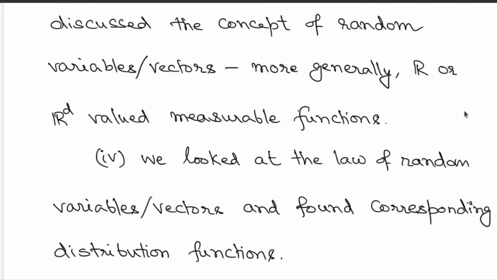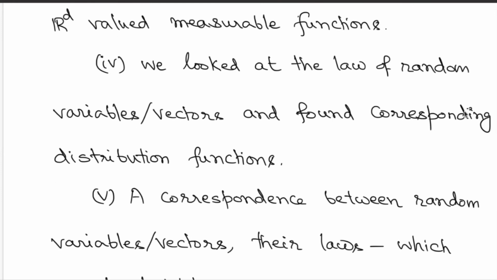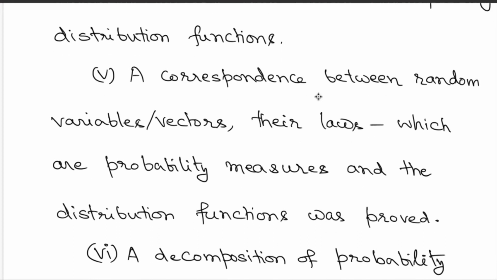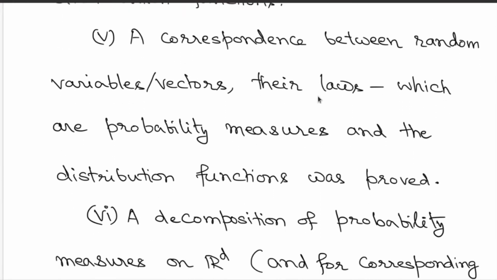Once we had understood these concepts of measurable functions and random variables, we then looked at the law of these random variables or vectors and found corresponding distribution functions. Once we had obtained these distribution functions from these laws, we looked at the correspondence in the form that, given a distribution function, we constructed the corresponding probability measures.